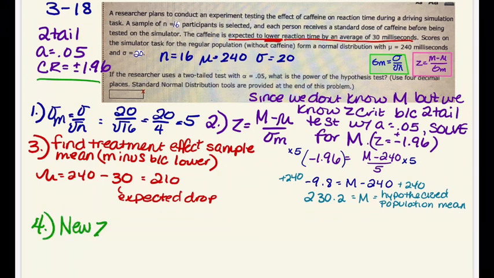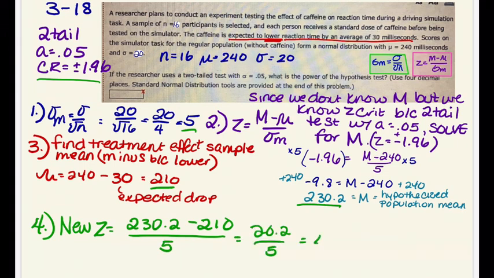So now we've got to find a new Z. And our new Z is going to be our sample mean minus the hypothesized population mean, with the expected drop, divided by our standard error that we found in part 1. We come up with 4.04.